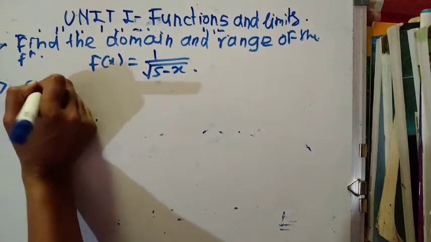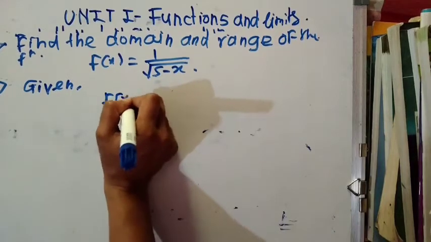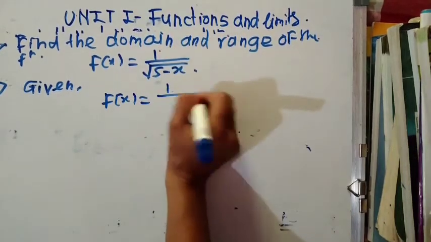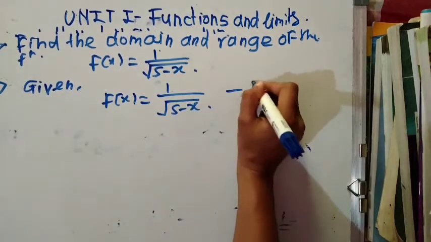So first, given f of x is equal to 1 upon root 5 minus x. This is the first equation.